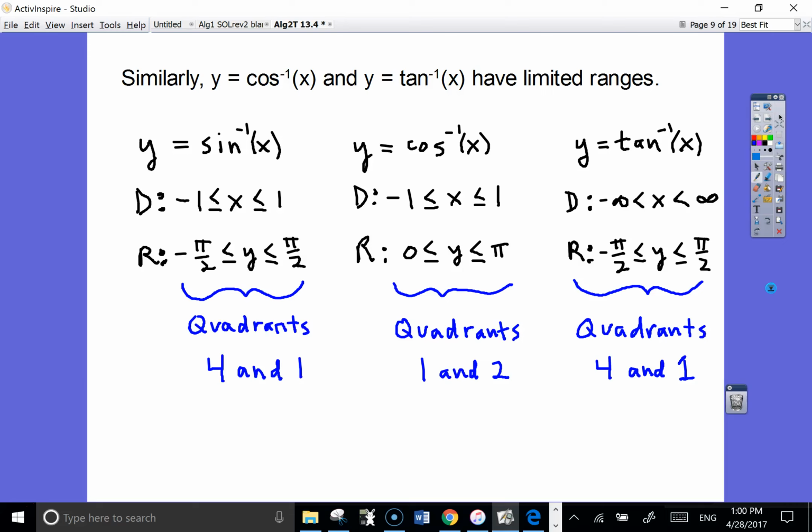So when you flip it, the domain is all real numbers. You could take the tan inverse of any number at all. You can't take the sine inverse or the cosine inverse of anything at all. So the main thing to keep in mind right now is these, probably just in terms of quadrants: 1 and 4, 1 and 2, 1 and 4.